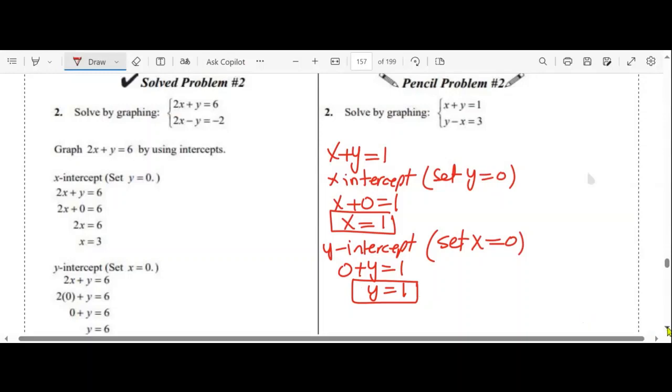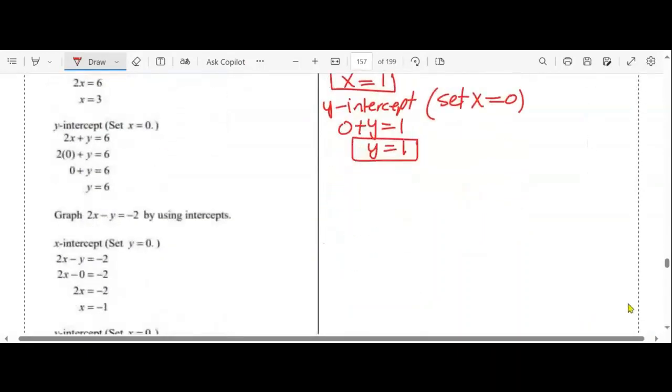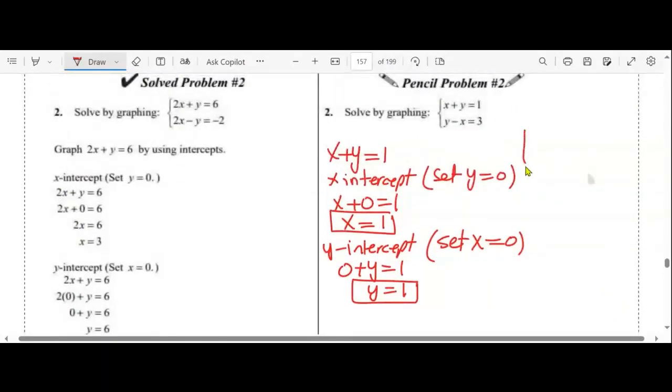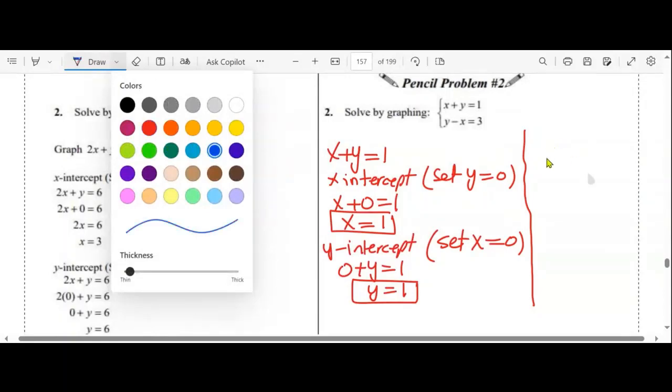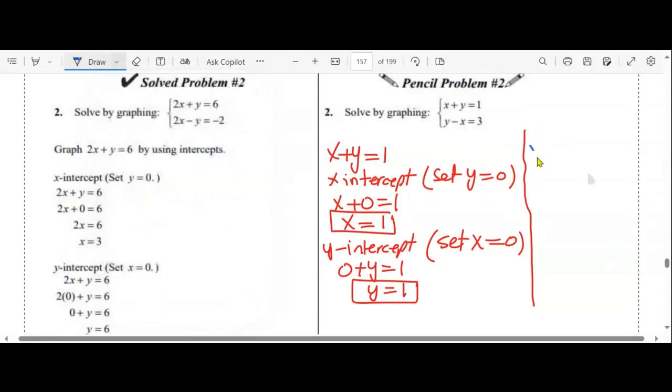Okay, so before we continue, we need to do the other one, right? The other graph, x minus y, minus x plus y equal 3. So for the x-intercept, what do you do? Y equal to what? 0.